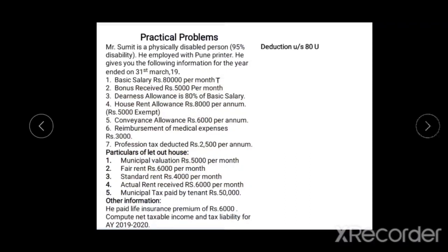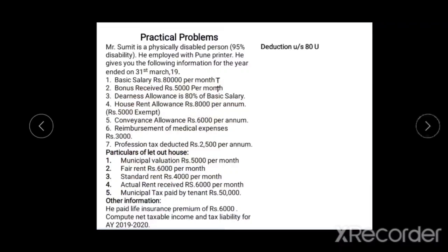This you already know. Only bonus received is taxable under the head income from salary. So how much amount will be taxable? That is 5,000 per month, so again we have to multiply by 12. Here you have to write down T.